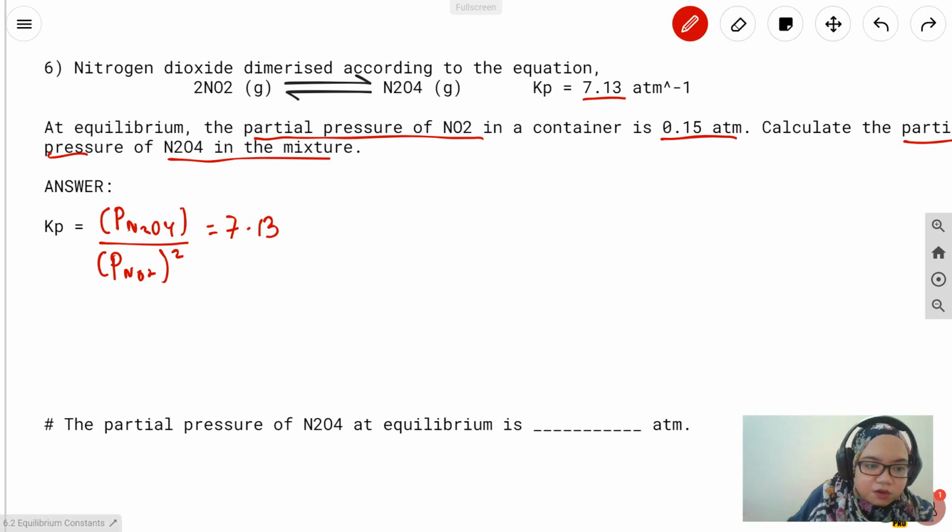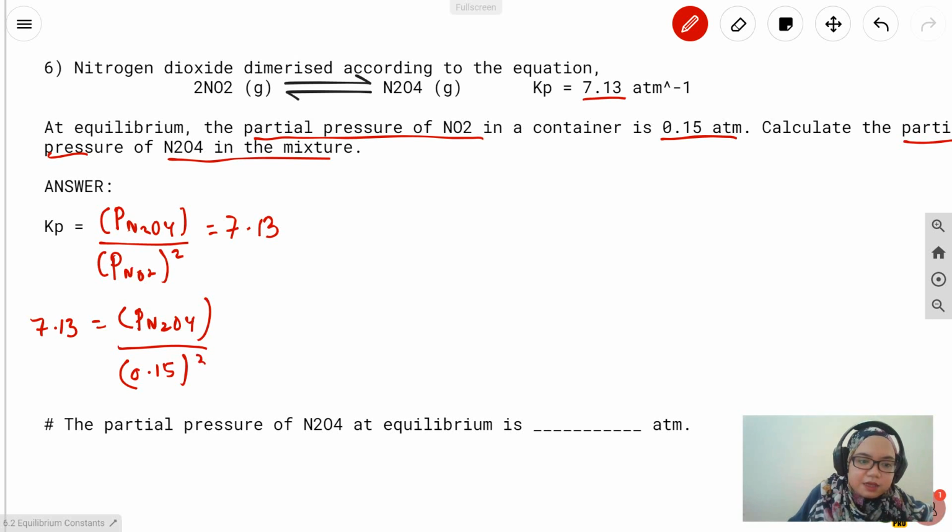Okay. So, 7.13 is equal to PN2O4 over 0.15 squared.